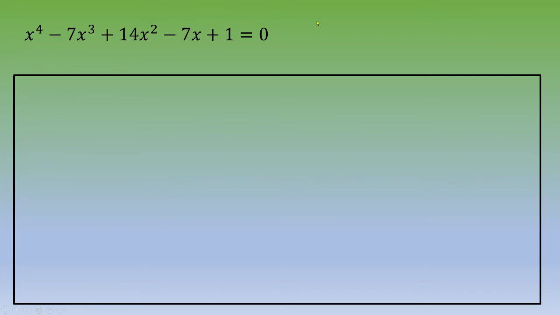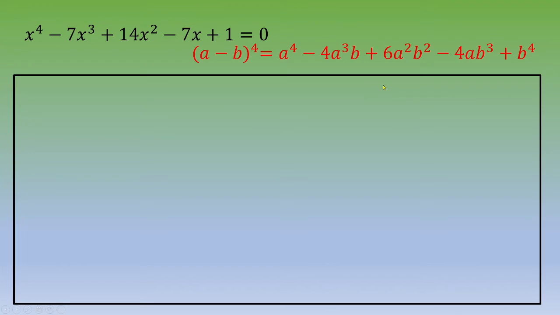So if you remember how to expand a minus b power 4 thanks to Newton, this is equal to a power 4 minus 4a cubed b plus 6a squared b squared minus 4a b cubed plus b power 4.